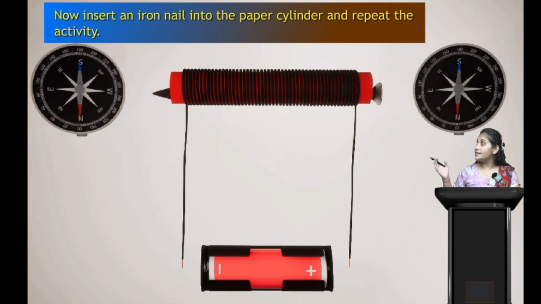Now it is said to insert an iron nail into the paper cylinder and repeat the activity. Before, we did the activity without the iron nail, with only the paper cylinder, electric cell and the two magnetic compasses. Now we insert the iron nail in the paper cylinder and observe the magnetic compass.